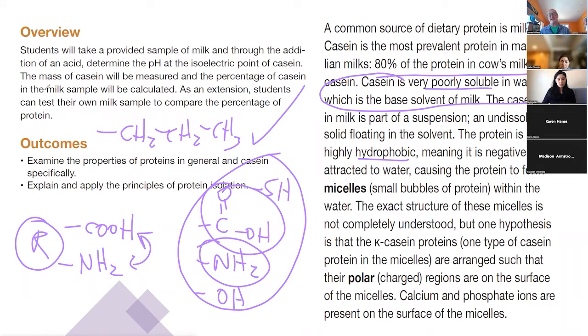But casein is really hydrophobic. It has a lot more hydrophobic amino acids than it does polar amino acids. So it's right on the line of being soluble or insoluble. And basically what you find is that the protein in milk is actually part of a suspension. It's an undissolved protein in a suspension of really tiny particles that are so small that they float around in the milk and you don't really notice them.